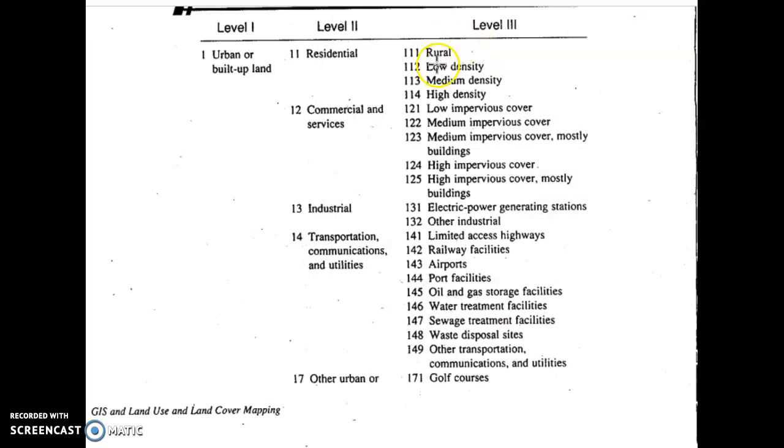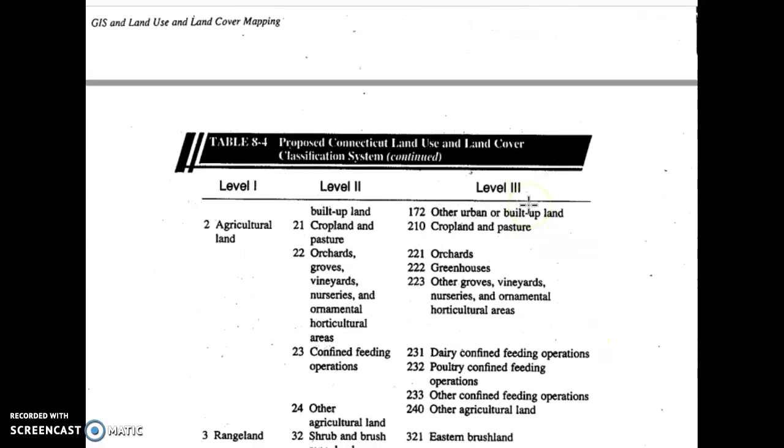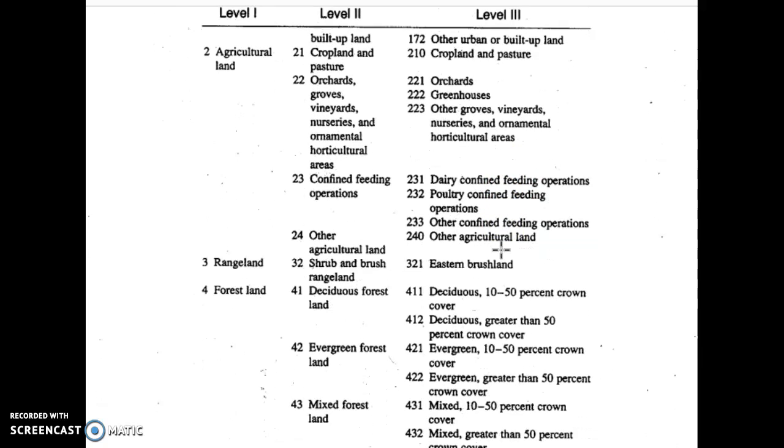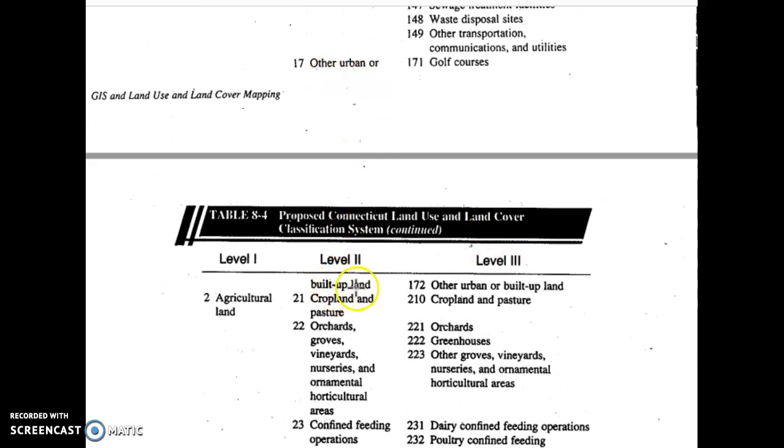And then their level 3 included rural, low density, medium density, high density residential. It included, for commercial, low impervious cover, medium but mostly buildings, and then high impervious cover, etc. Okay, so you can look through these, and although it won't be perfect, you're going to use this system. Okay. Oh, and notice that this continues on this page.